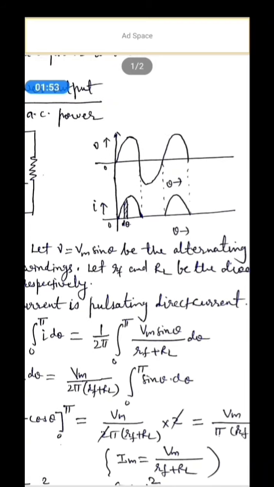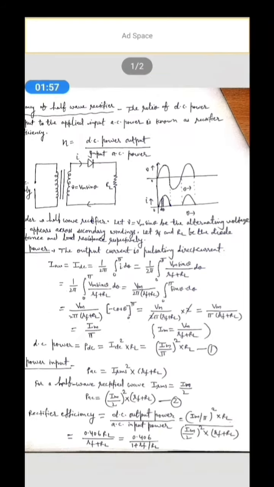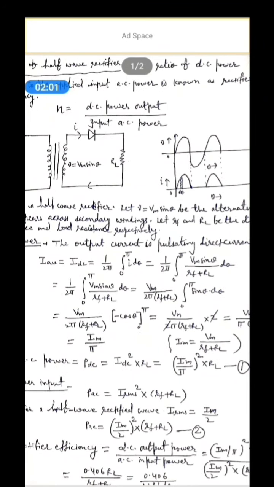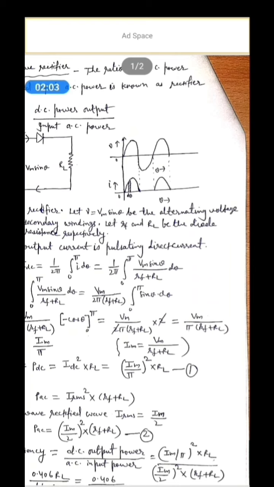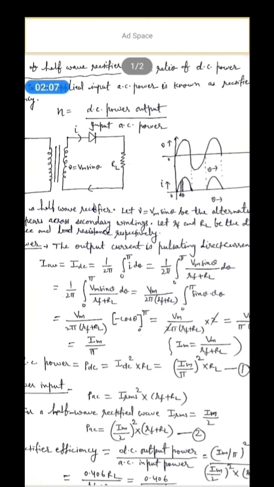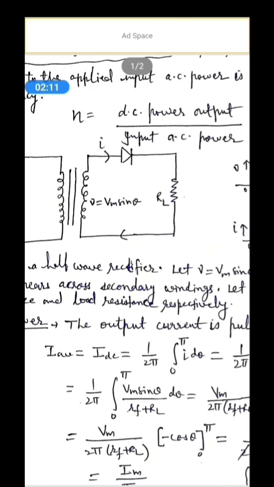Let Vm sin theta be the alternating voltage that appears across the secondary windings. Here it is clear in the diagram.